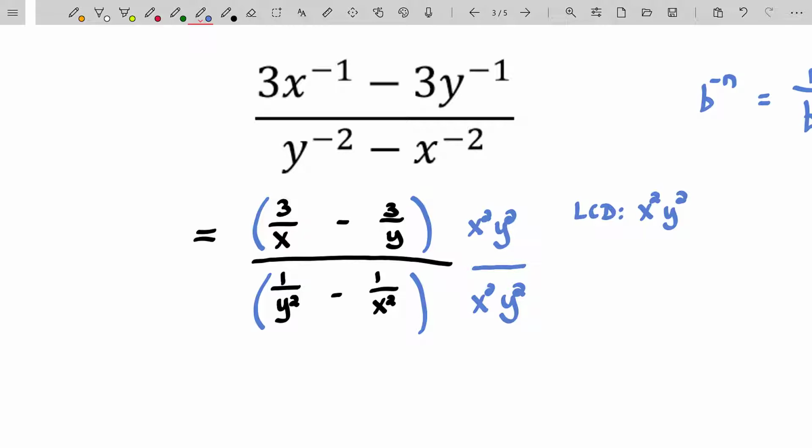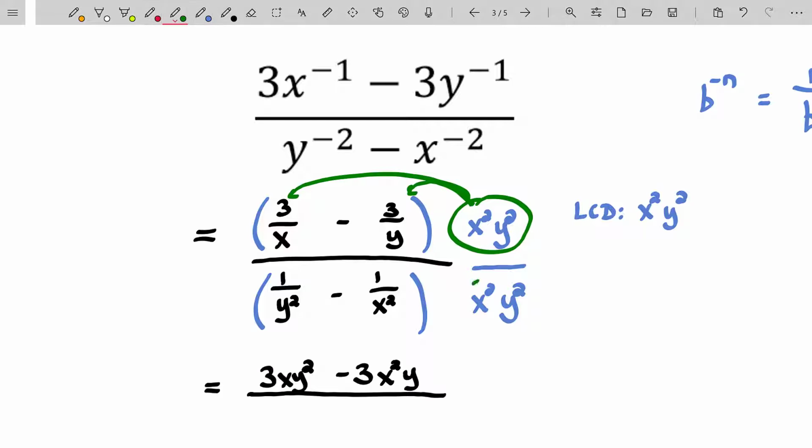When you distribute this expression through to both terms in the numerator, from your prerequisite algebra, you know what happens. In the first term, the x will cancel downstairs with 1 power of x in the numerator, and in the second term, y will cancel with 1 power of y in the numerator. Likewise, in the denominator, we'll distribute this through. Very common that I will see people forget to distribute or multiply the denominator by the LCD as well.